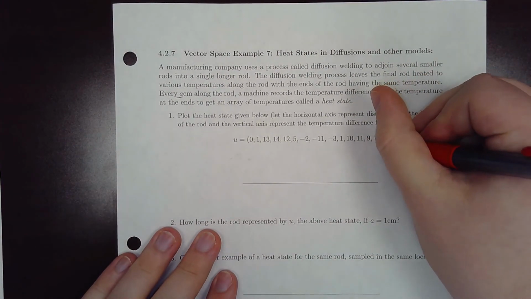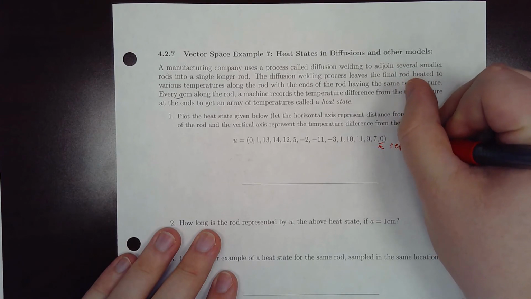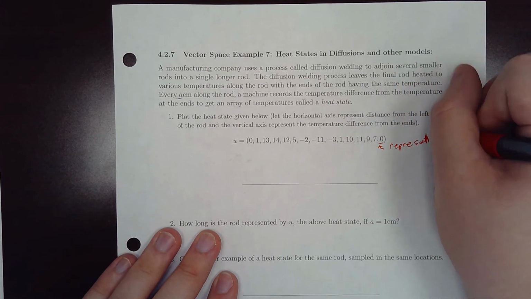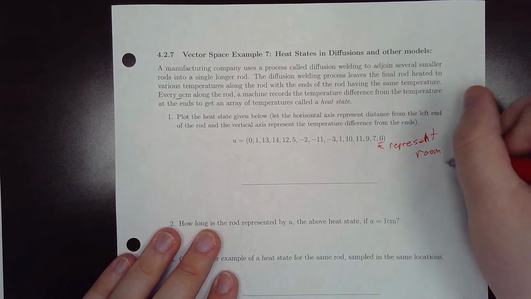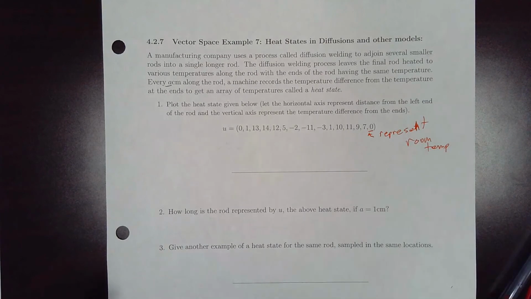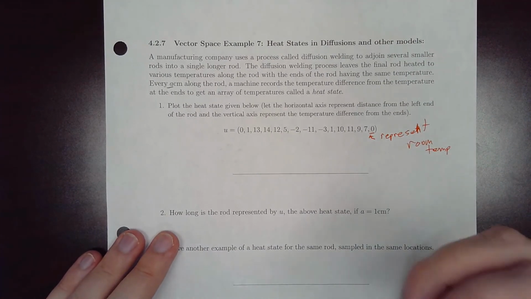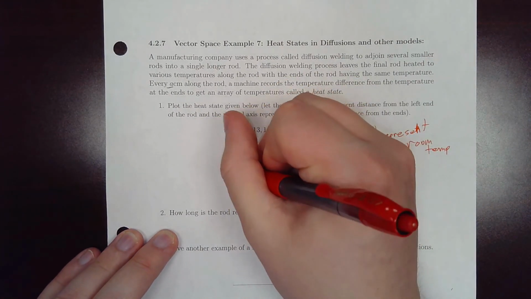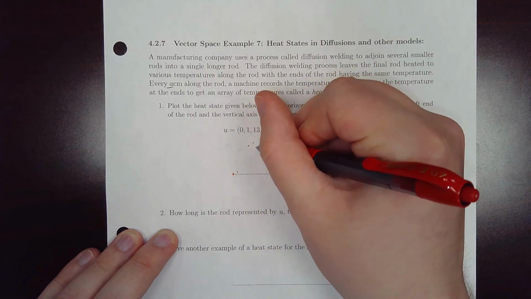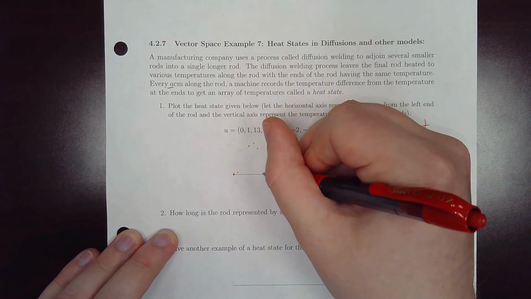So these zeros here are representing room temperature. And so those are always going to be zeros on the end. So let's go ahead and do this. We get 0 there, 1 there. We get a 13 up here, maybe a 14, a 12, a 5.